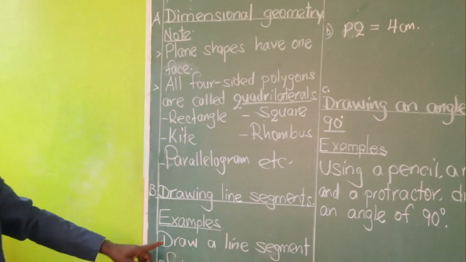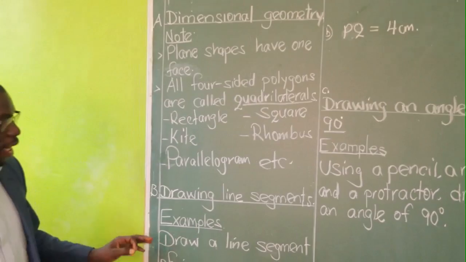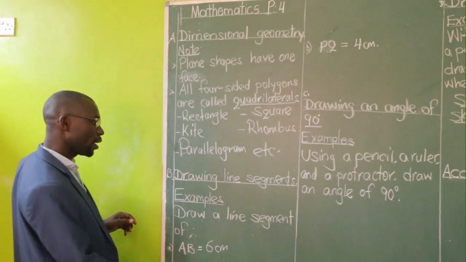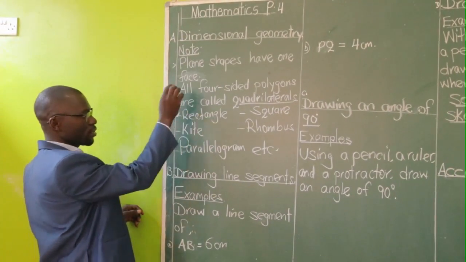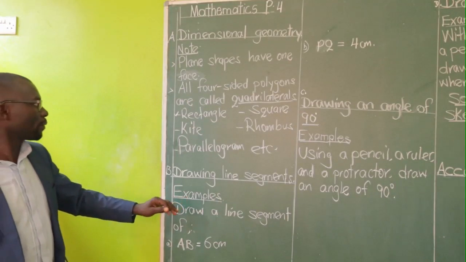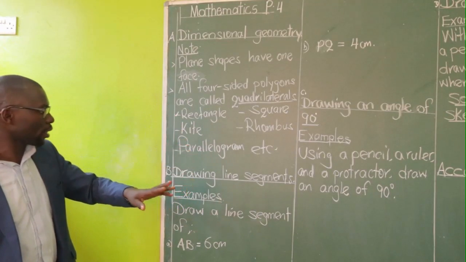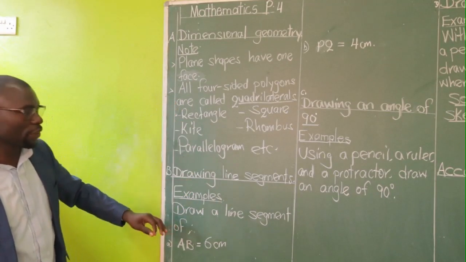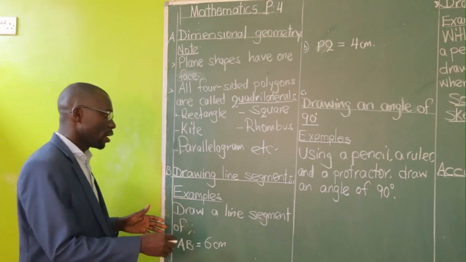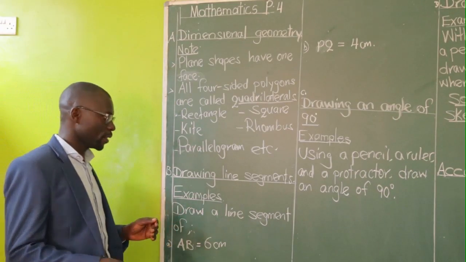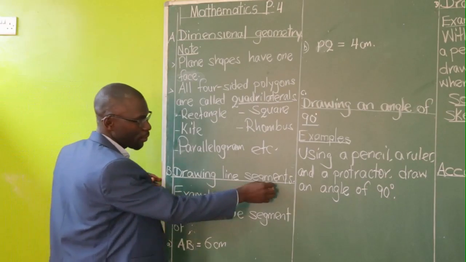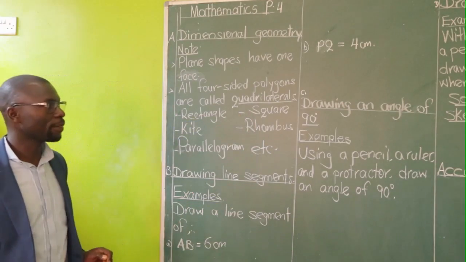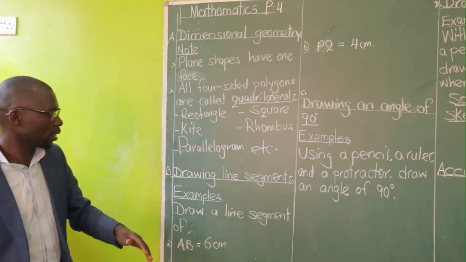Now, we are going to look at how we can accurately draw a rectangle. So let's start with drawing a rectangle, but because these shapes are made up of lines, we shall start with line segments, and then we go into the rectangle when time comes.